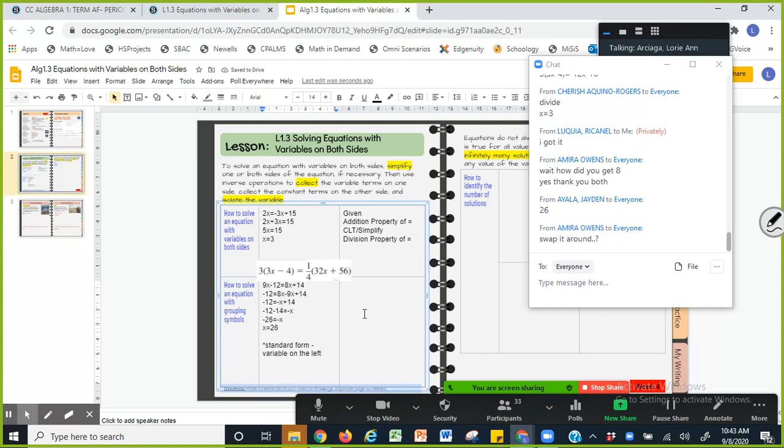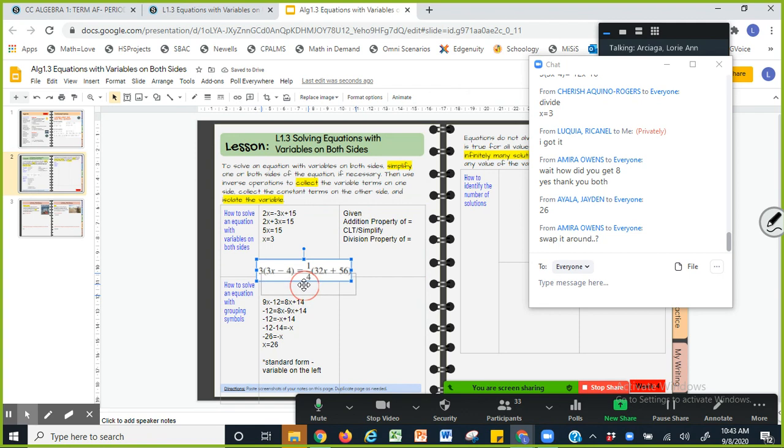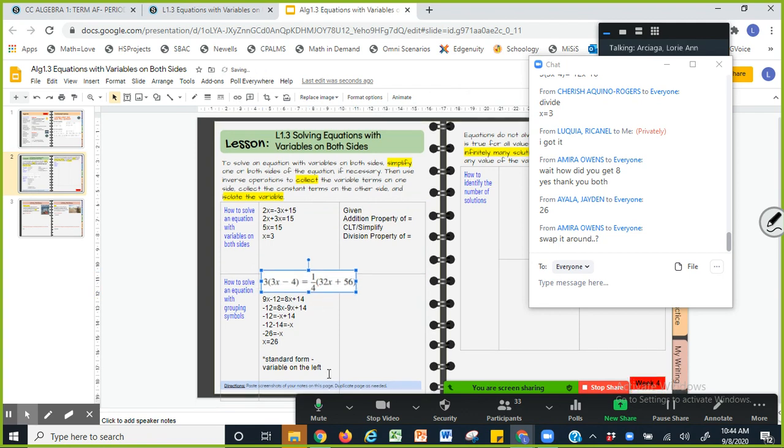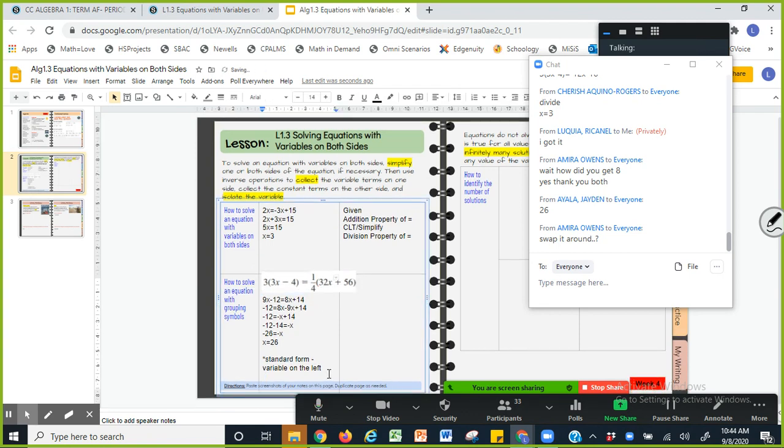All right. Okay, so let's review what we just did. We're given this problem right here. You can go ahead and revise that in your notebook. All right, so we're given this problem here, the one with the fractions originally, and our goal was to solve an equation with grouping symbols or with the parentheses.